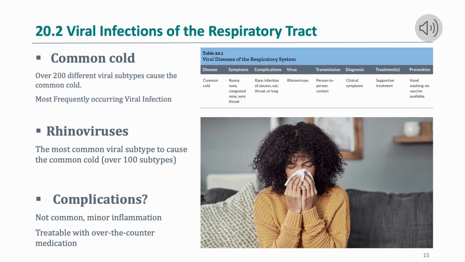One of the most frequently occurring viral infections is known as the common cold. The common cold contains over 200 viral subtypes. And over on the right, there's a chart from the book, explaining what the common cold is, its symptoms, how you can get the common cold, treatment, and also prevention.